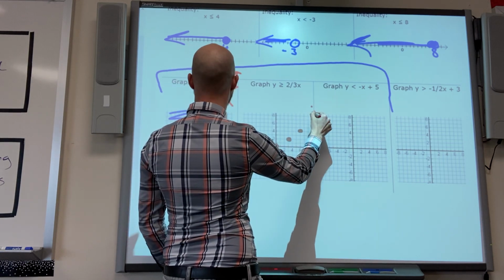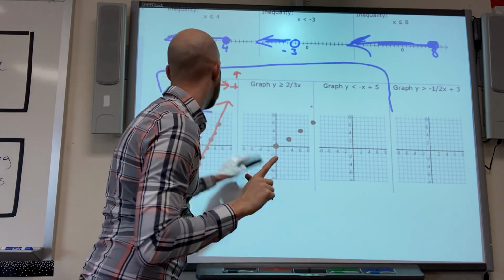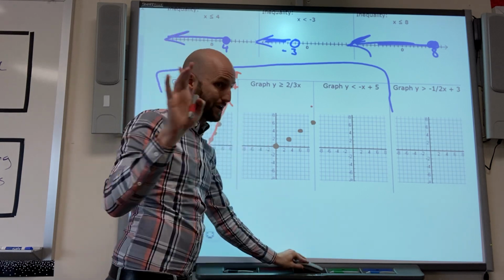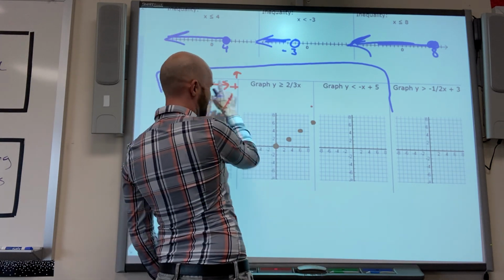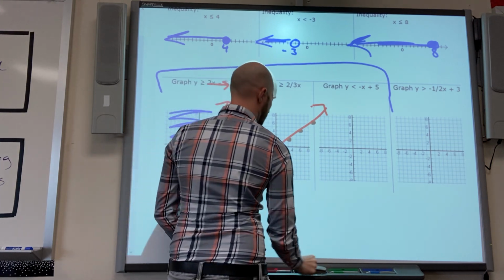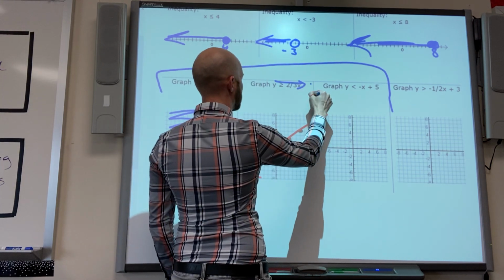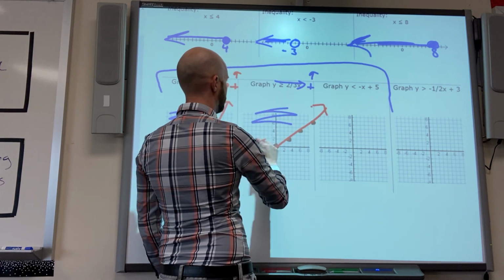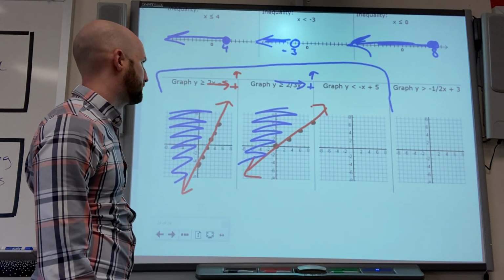Solid. Wait, espera. Sí fue sólido. Okay. Woo, I thought maybe I was not supposed to. Okay, this is also solid. And to the right means up. I mean arriba de la línea.